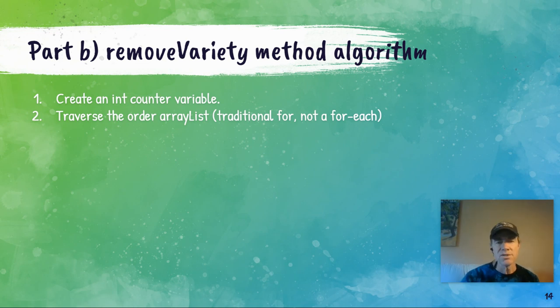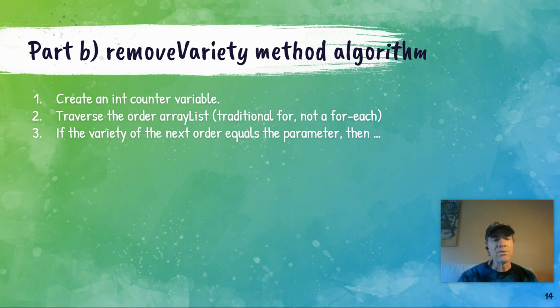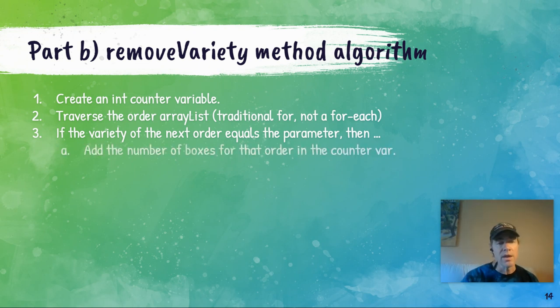If the next order has the description of that is the keyword, then I'm going to add the number of boxes that were for that order to my counter variable. I'm going to remove that order, and because it's an array list, I've got to decrement the iterator.